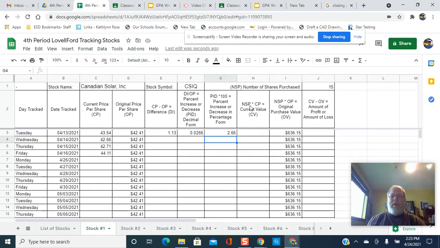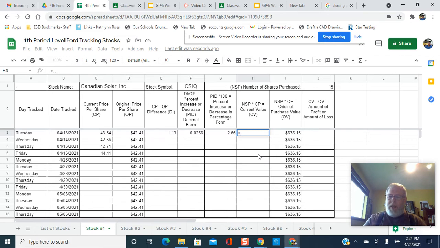Now we're going to take the number of shares of stock purchased. So we're going to take that 15 times the current price. So we go equals 15, which is right up here. That's the NSP, number of shares purchased.